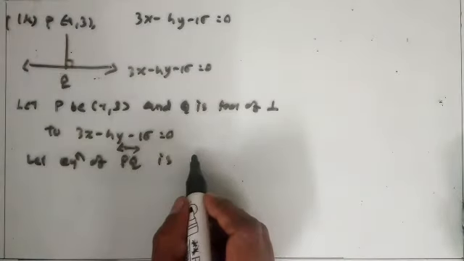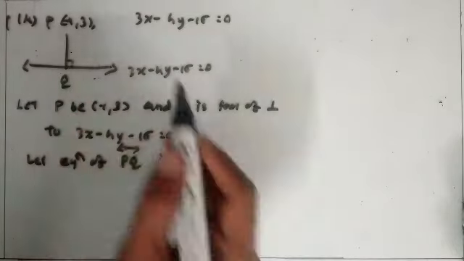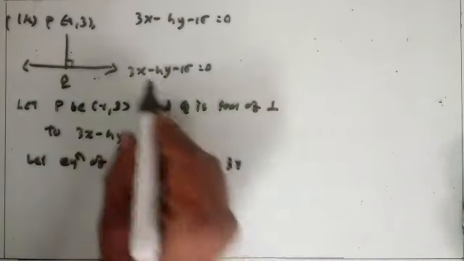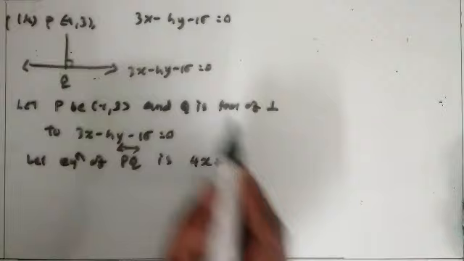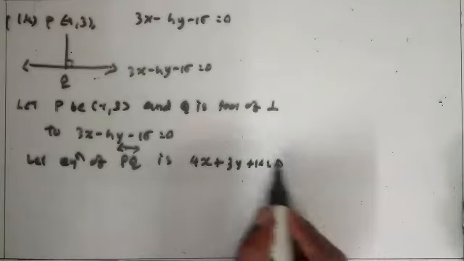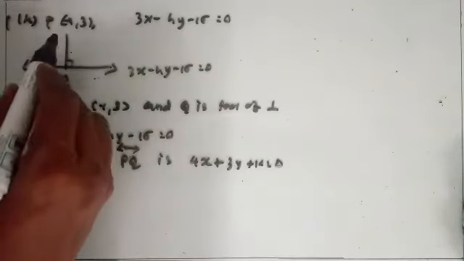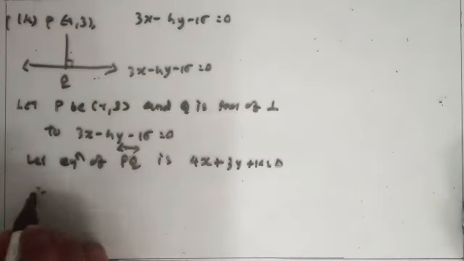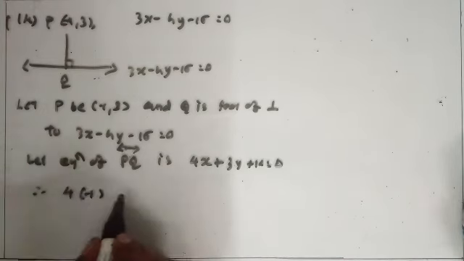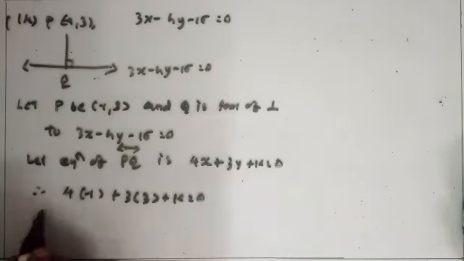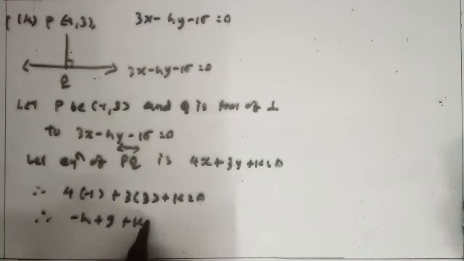PQ is perpendicular to this line, so for the equation we interchange the coefficients of x and y, 4x and 3y, and change the sign of one of them. Here we change the sign of y: 4x + 3y + k = 0, k belongs to R, which passes through (-1, 3). Therefore 4(-1) + 3(3) + k = 0, so -4 + 9 + k = 0.